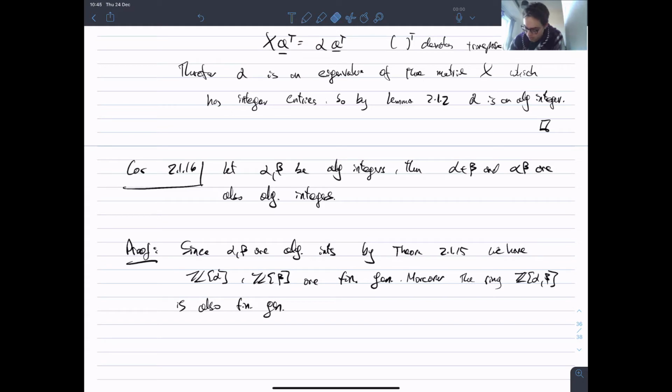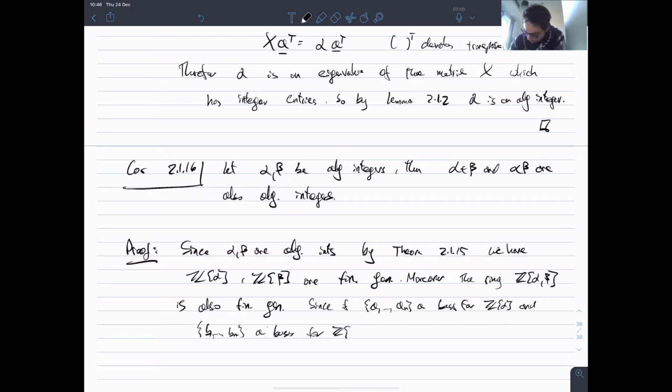It's also finitely generated because if I have a_1 to a_n, a basis for Z[alpha], and b_1 to b_m, a basis for Z[beta], then a_i b_j over i and j is a basis for Z[alpha, beta].